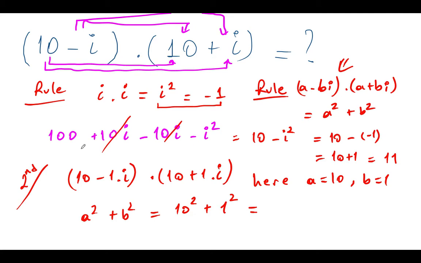By the way, here it is not 10, it is 100. So 10 squared, which is 100, plus 1, which is 101. So as you see, the two results are almost the same.